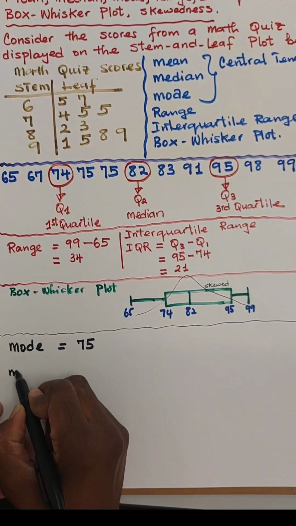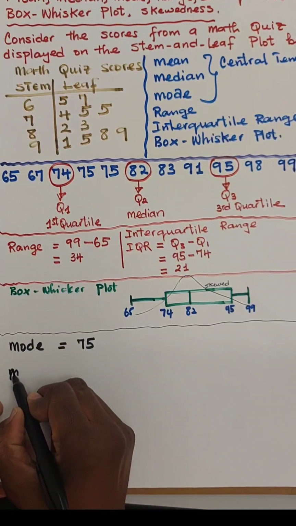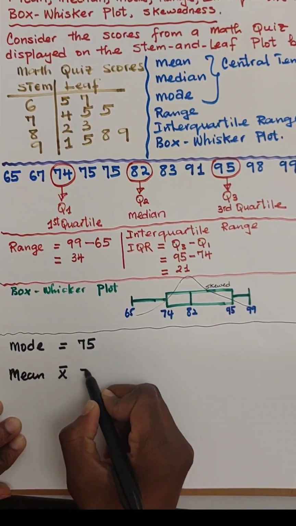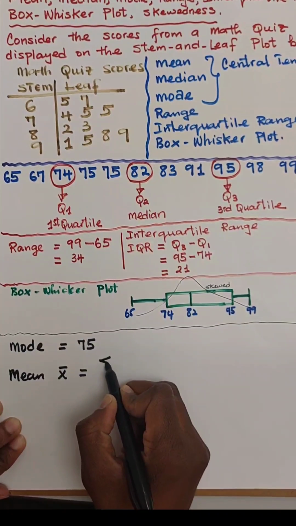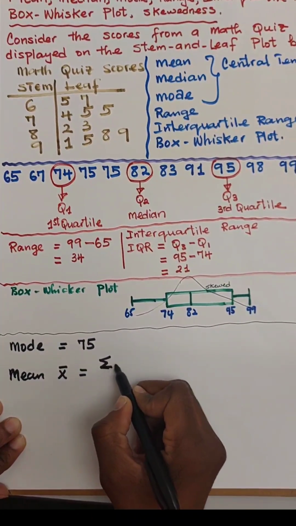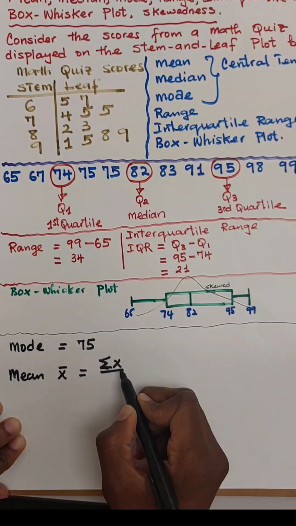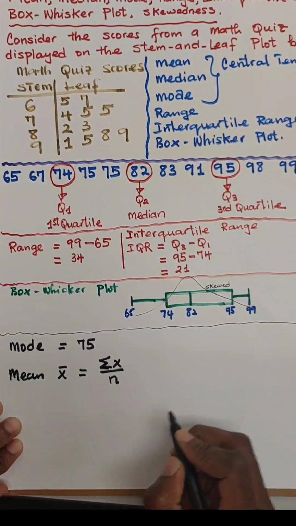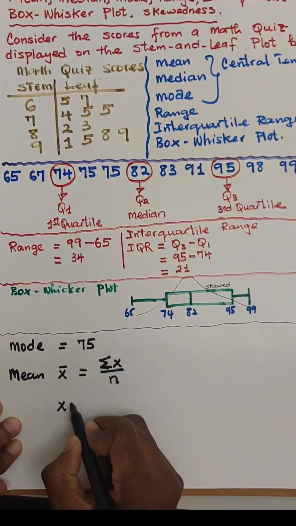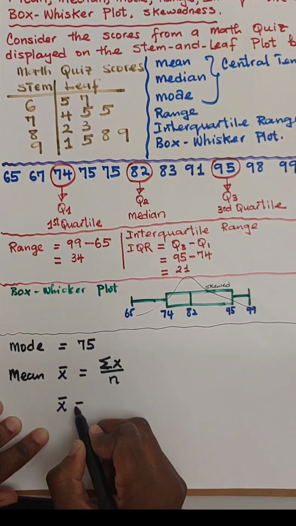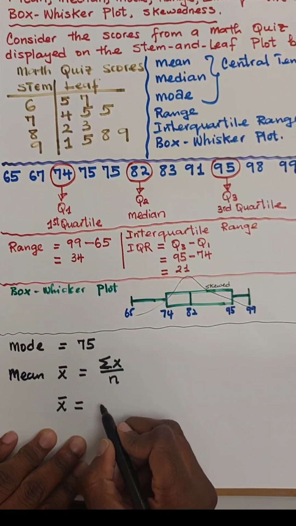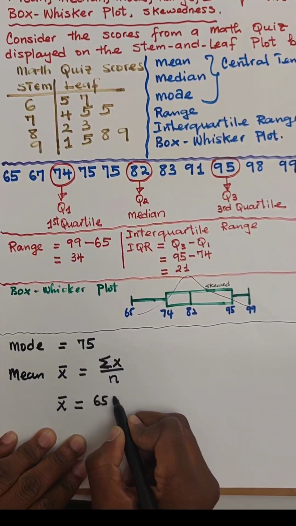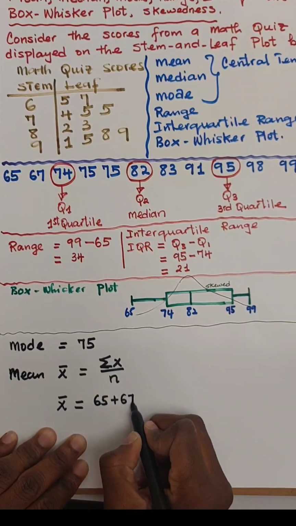So the mean, which is represented by X bar, is calculated by adding all the scores and dividing it by the number of scores. So our mean, which is denoted X bar, is calculated by adding all our scores, 65 plus 67.